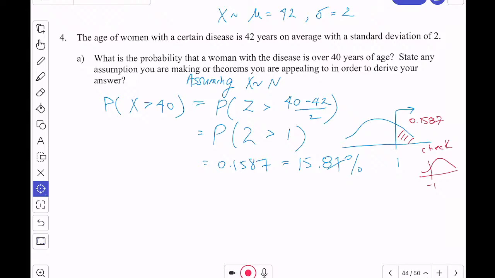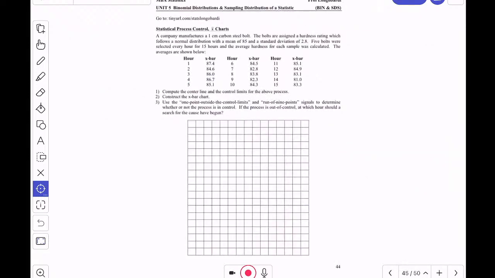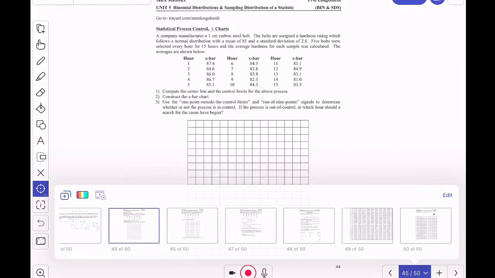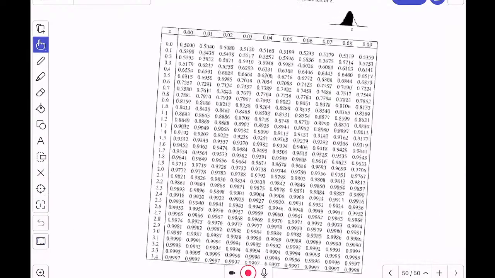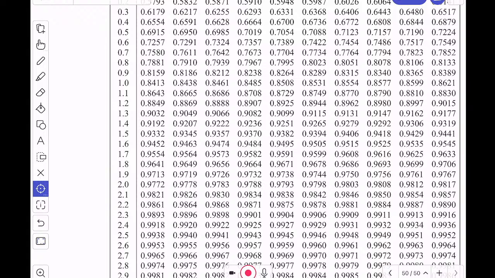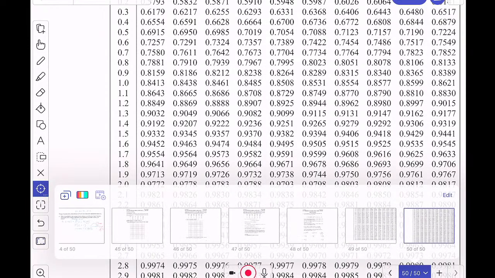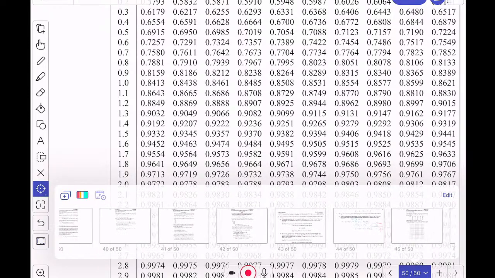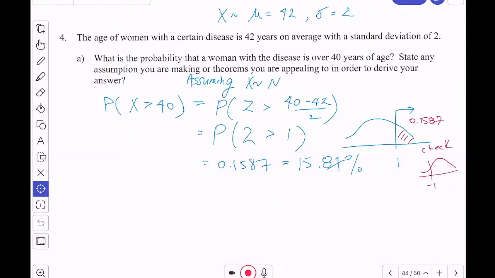Nope. You either check on the negative or you look up 1 and on +1 you get 0.8413, right? So on +1 you get 0.8413 and then you put that here. And then this is 1 minus.